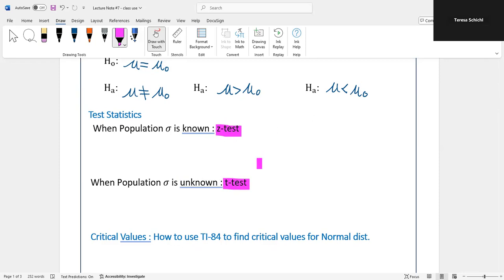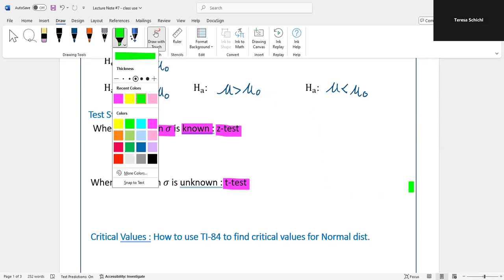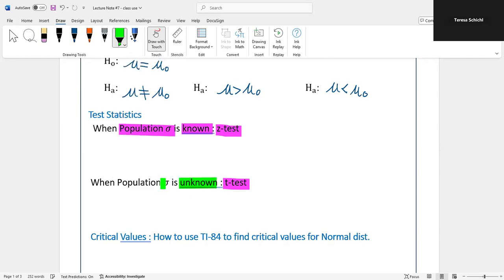So when to choose the z-test and when to choose the t-test? It all depends on whether the population sigma is known. If you know the population sigma or they give it to you, then you can use the z-test. If the population sigma is unknown, then you use the t-test.